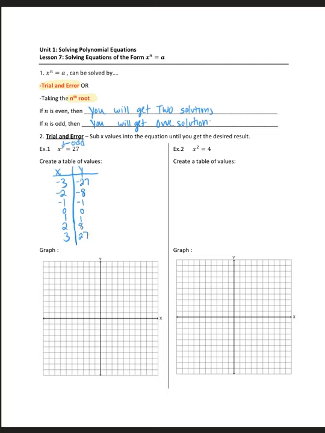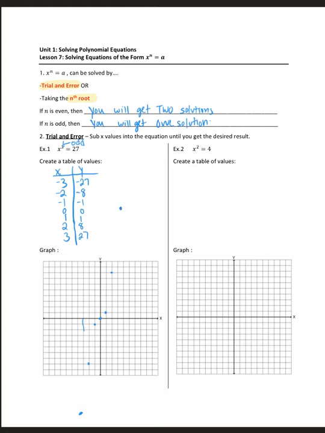Okay, so if we were to plot those values on our graph, we would have -3 and -27, which would be all the way down here somewhere, -2 and -8, -1 and -1, 0 and 0, 1 and 1, 2 and 8, and 3 and 27, somewhere up here.